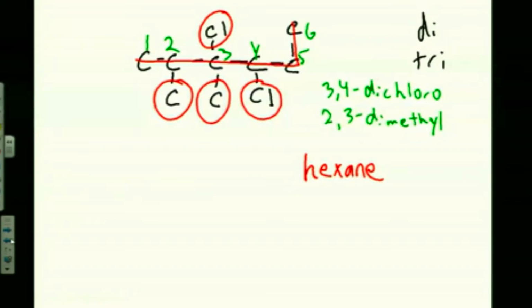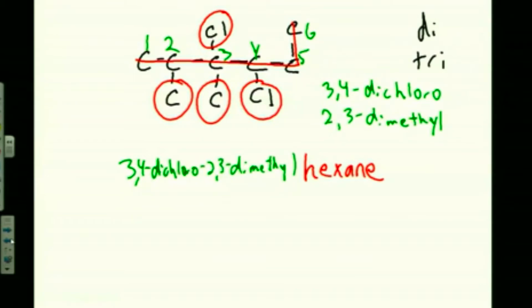I left the H's off. These are CH3 groups right here, so it's methyl. So when I write the name for this, it is 3, 4 dash dichloro dash 2, 3 dash dimethyl hexane.